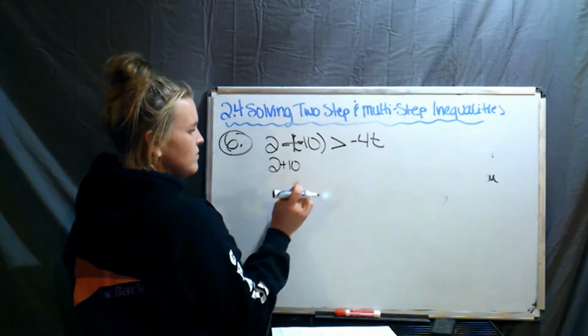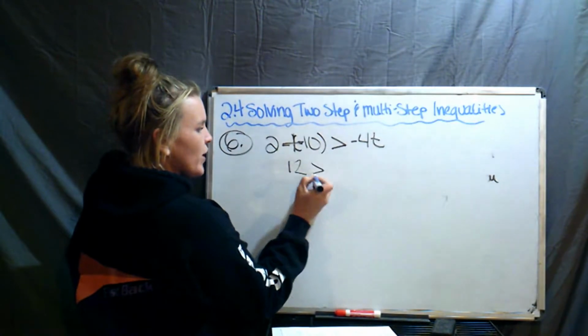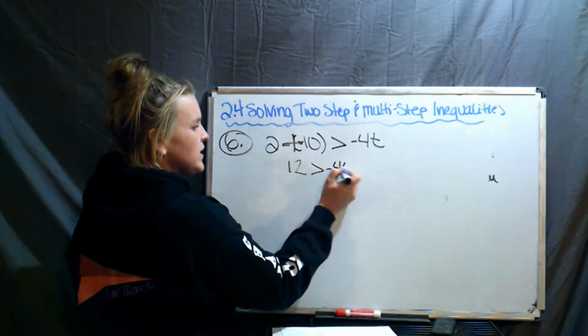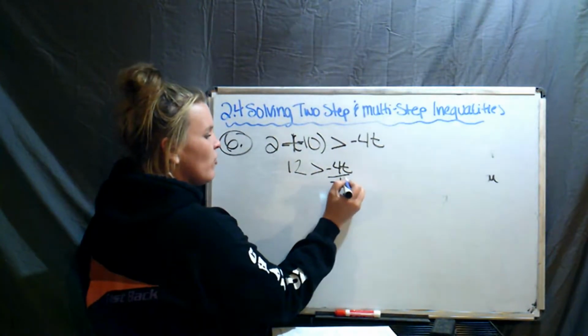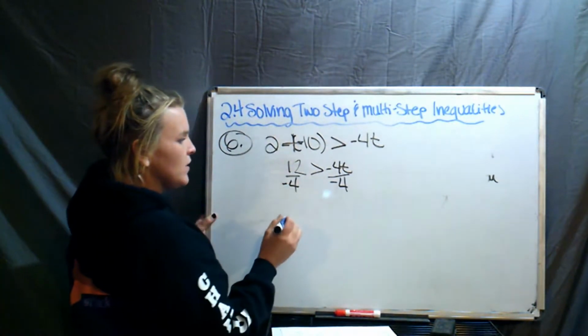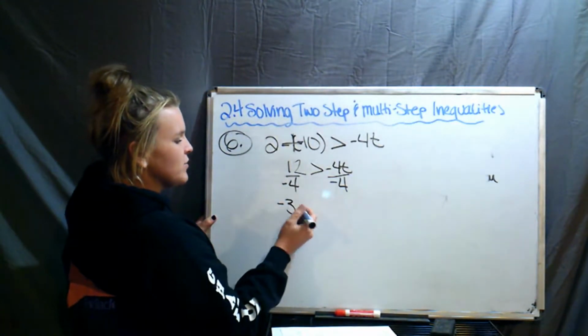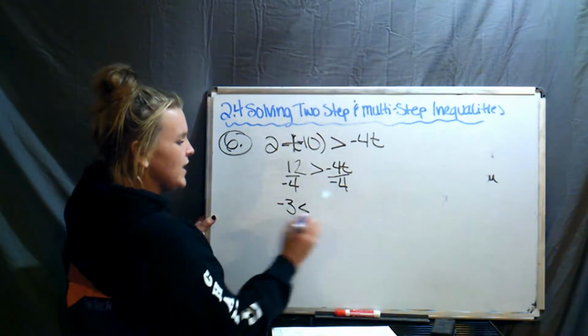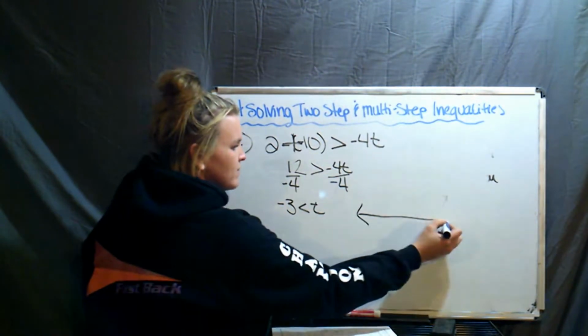So 2 plus 10 gives us 12 is greater than negative 4 times t. I want to get t by itself. I'm going to divide both sides by a negative 4. And so I'll have a negative 3. I divided by a negative, so I need to switch my sign, is less than t. Let's graph that on a number line.